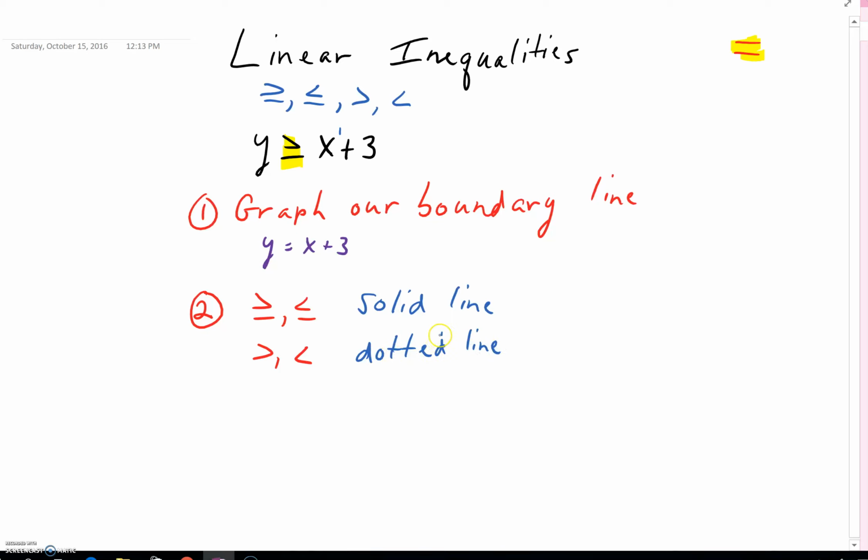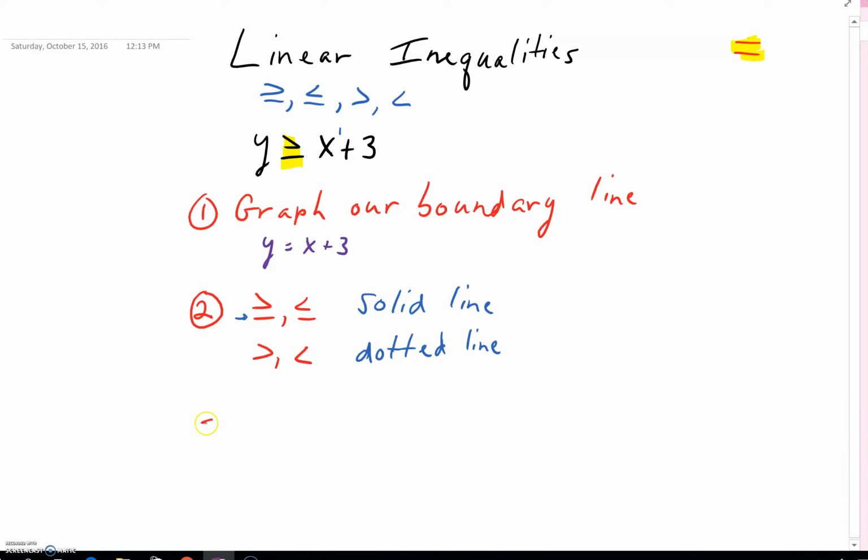All right, so a solid line means that we can include those points, x and y coordinates, as part of our solution set because it can be equal to it. When it's dotted, it means that it needs to be greater than or less than, so we won't include those points as our solution set. All right, so first step is we graph our boundary line, but before we actually go to graph it, we just plot the points. Before we go to graph it, we then need to look at our inequality and say, will we have a solid or will we have a dotted line?